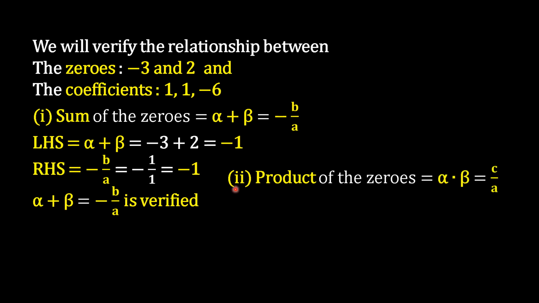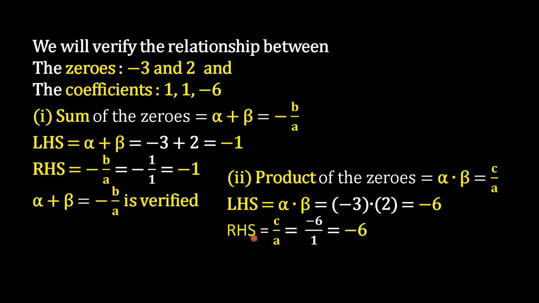Second relationship is product of zeros alpha beta = c/a. Left hand side is alpha beta, which will be -3 multiplied by 2, which is -6.